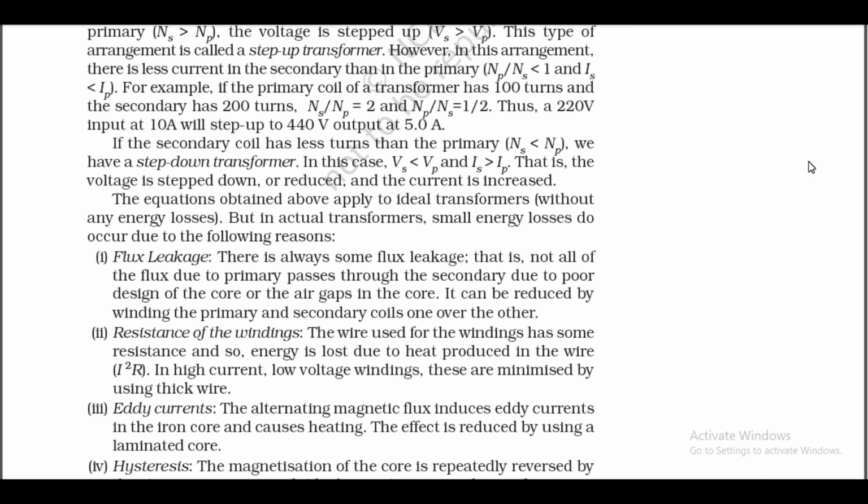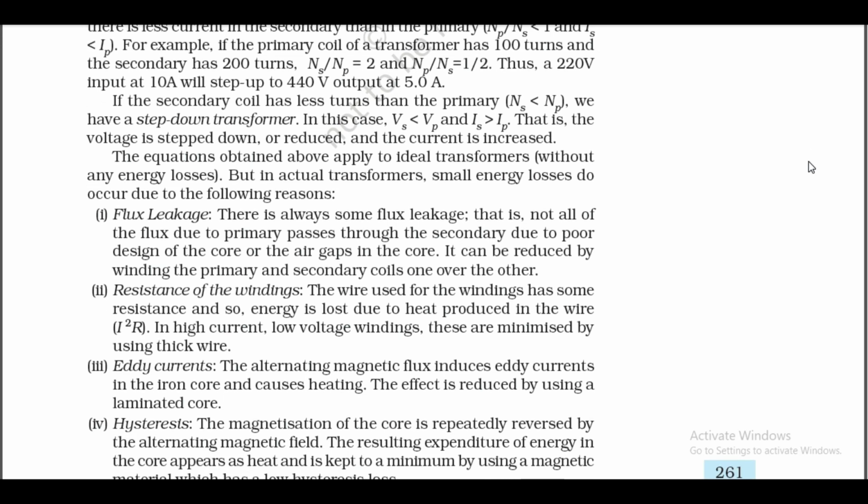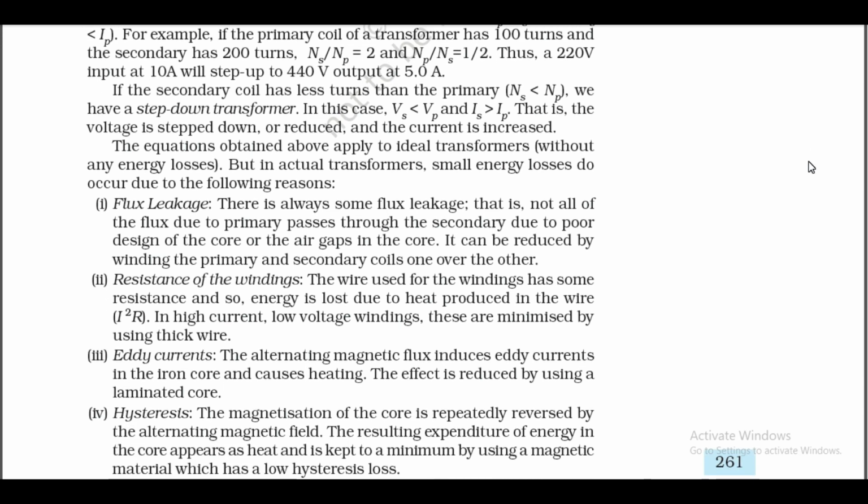If the secondary coil has fewer turns than the primary, Ns less than Np, we have a step-down transformer. In this case, Vs is less than Vp and Is is greater than Ip, that is, the voltage is stepped down or reduced and the current is increased.